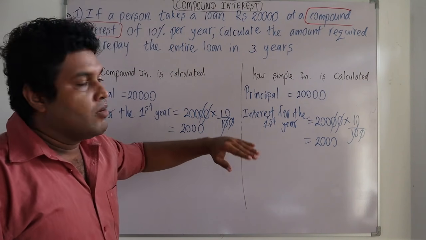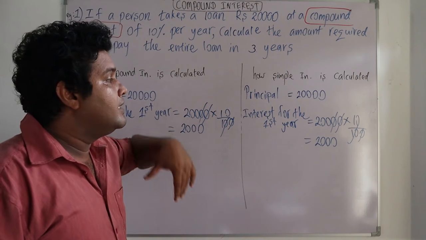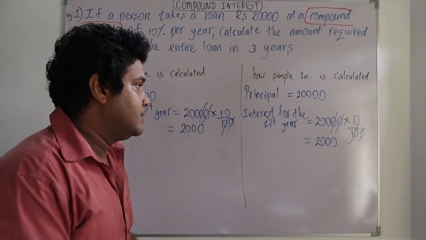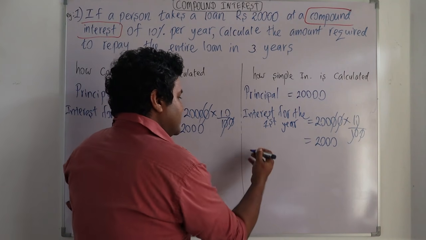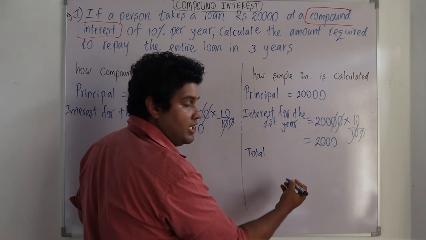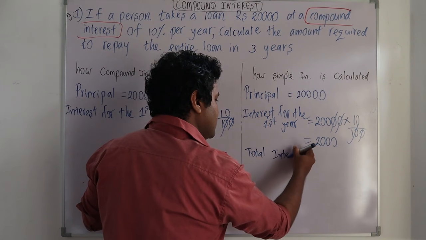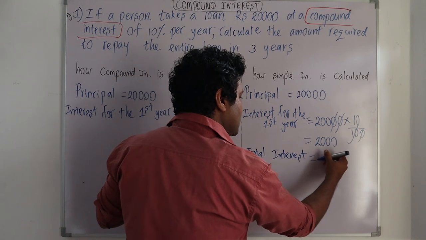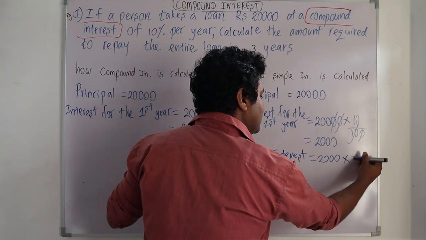Then you have to calculate the total interest according to the number of years. The total interest is 2,000 into 3.